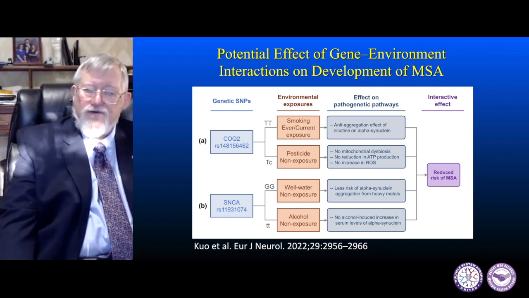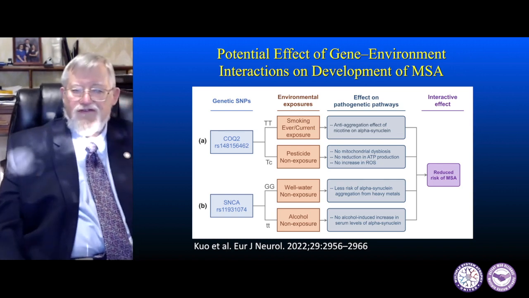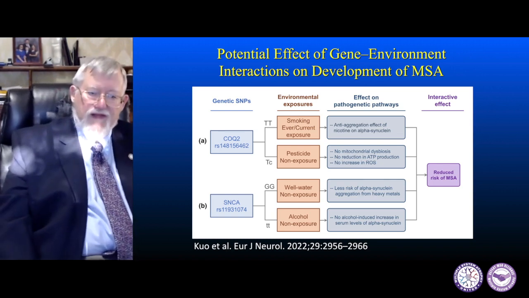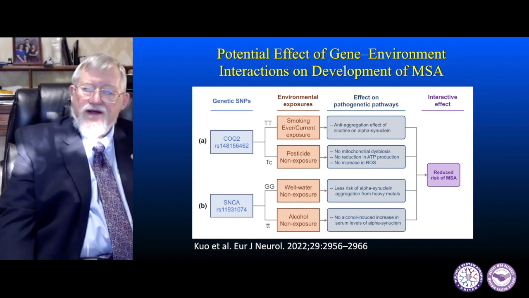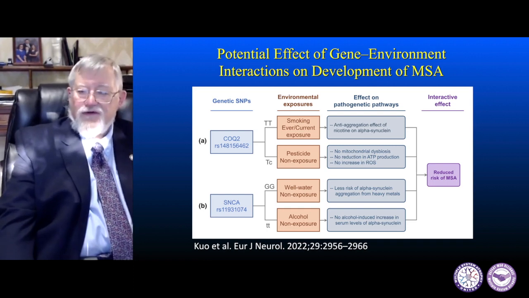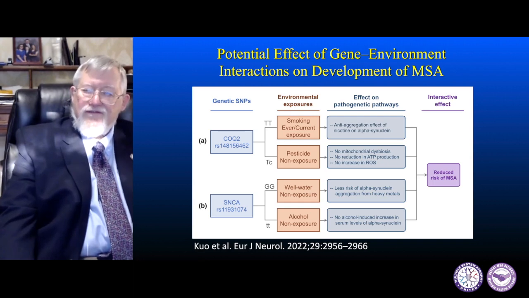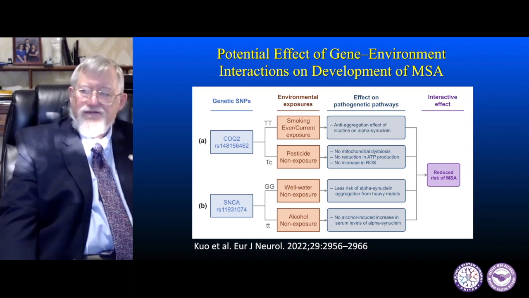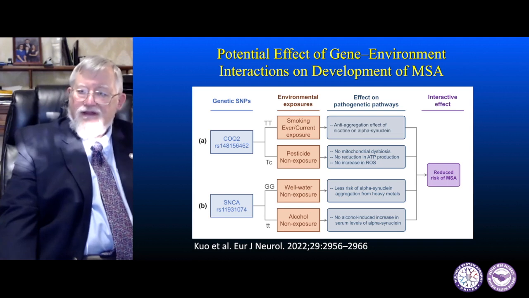So if we take the first one, this particular gene that's associated with oxidation, you can have various forms of it, and one of the forms has been labeled TT. And if you have this form of that gene, lots of variations out there in different people, and you're exposed to particularly nicotine or at least smoking, then maybe that can lead to an anti-aggregation effect on the alpha-synuclein by the nicotine.